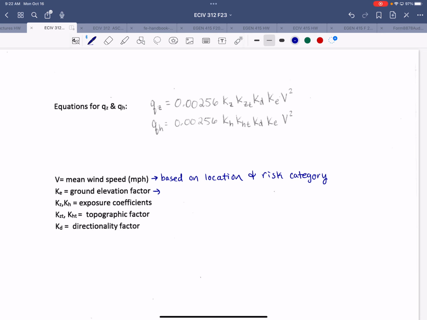So this is something that is based on location, of course. Your elevation depends on your location. And it accounts for the fact that air density will change with elevation. At higher elevations, you have a lower air density, and that helps us because a lower air density will result in being able to design for lower wind forces, lower wind pressures.